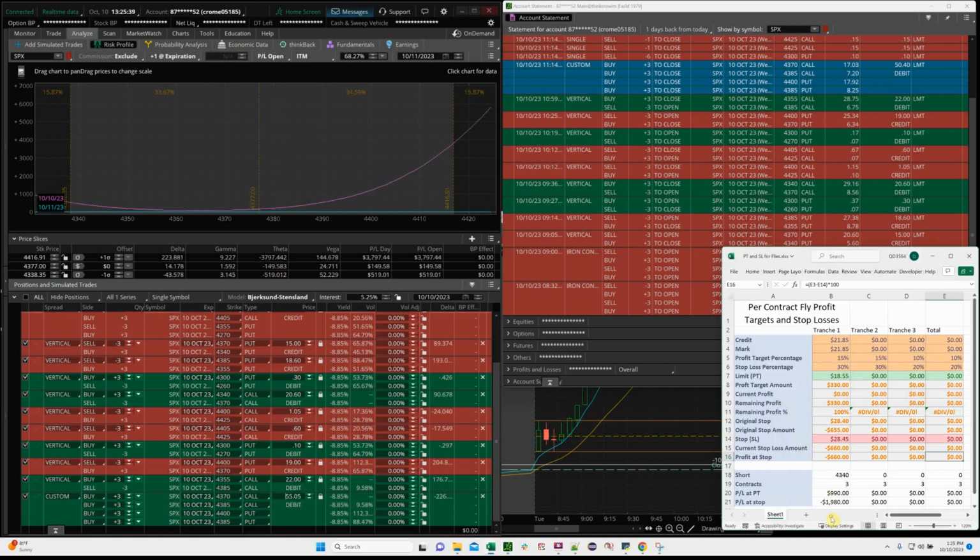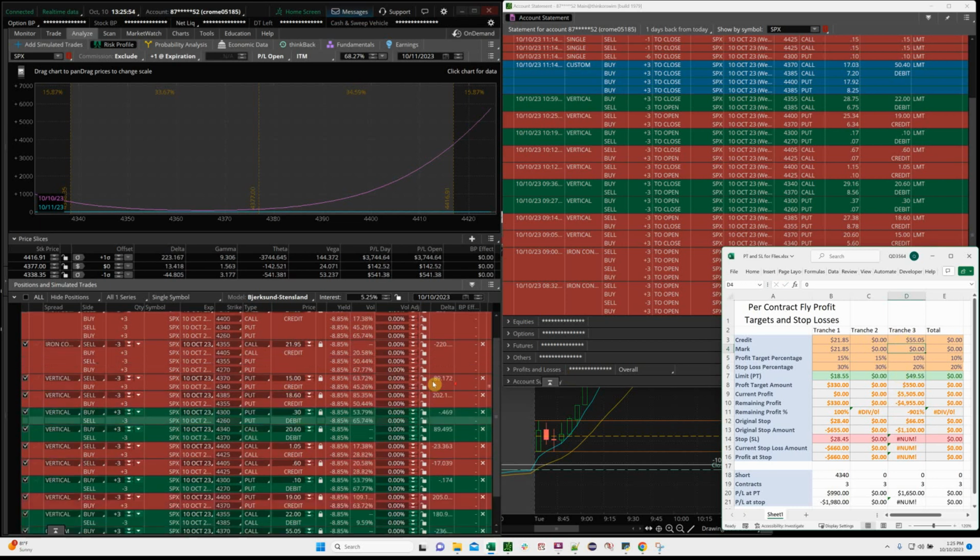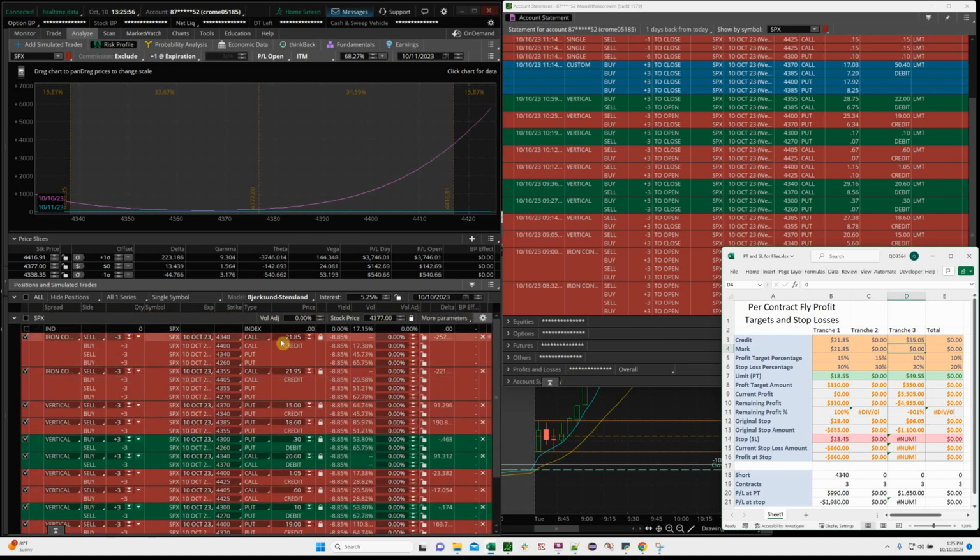And I'm going to go back over to here and I'm going to use my handy dandy calculator. And I'm going to put this in here, 55.05. And let's go back on here too and take a look at this second trade. First trade we did for $21.95. That was a 43.40. Next one was the 43.55.